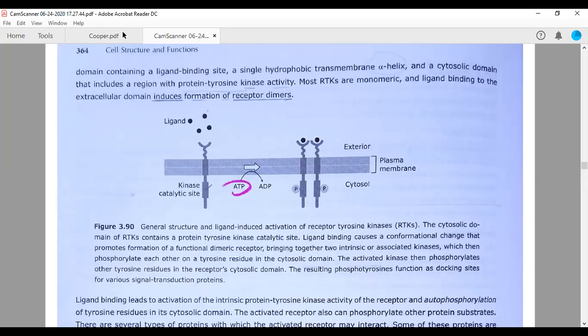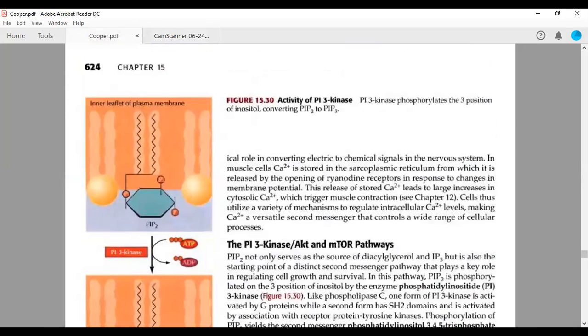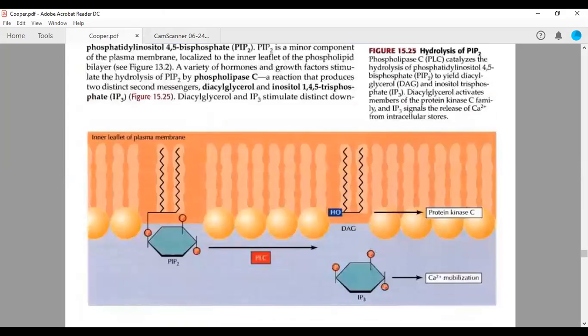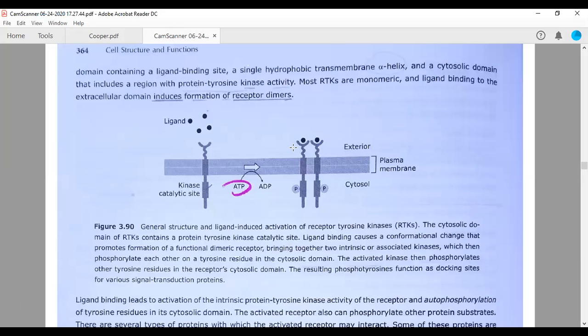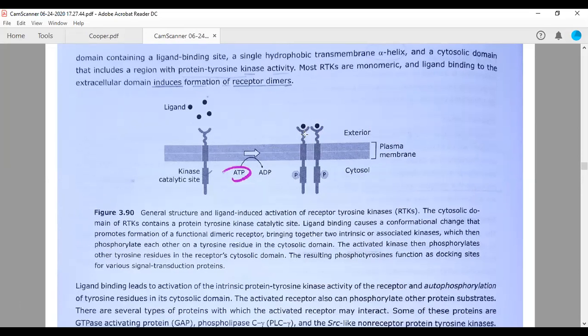As we have seen from Cooper, the same growth factor will bind and enable the two receptors to form a dimer, but here this is not correctly shown. Somehow they help the two receptors so that receptor dimerization will happen. This dimerization then induces conformational changes so that these catalytic domains can phosphorylate each other.